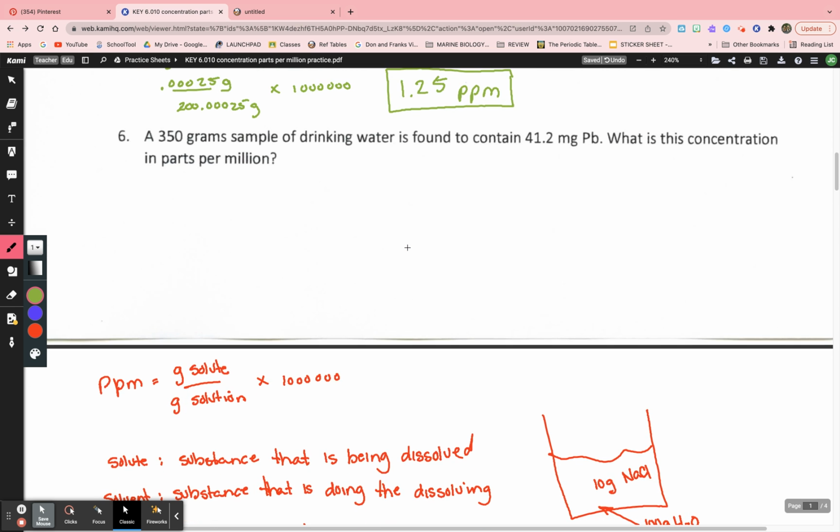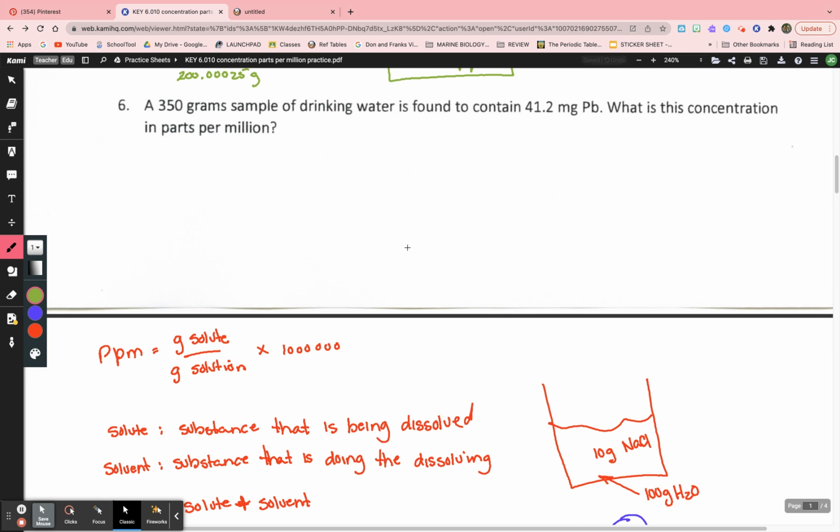Okay, now this one we have to read very, very carefully. This number 6. It says 350 grams of a sample of drinking water. So the whole sample weighs 350 grams, and it has 41.2 milligrams of lead. 41.2 milligrams of lead, that's the solute.